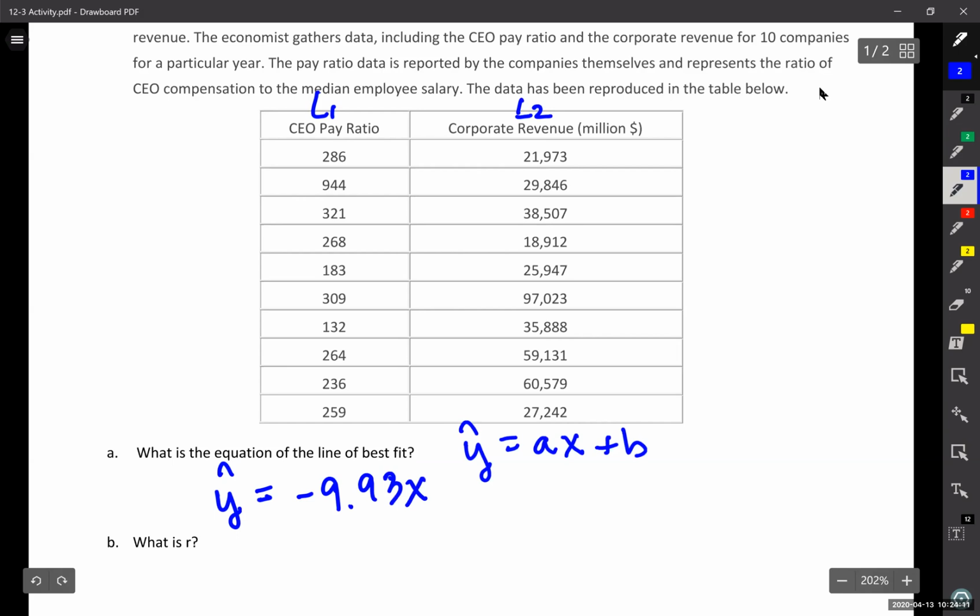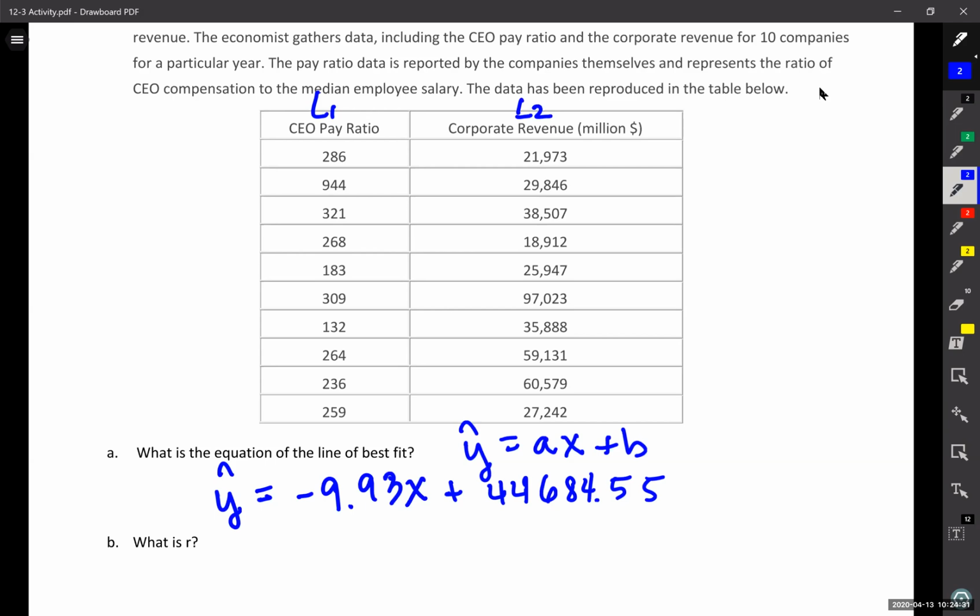And then B is going to be pretty big because those corporate revenue numbers are in millions, but they're also in thousands in the list. And so our B is $44,684.55.